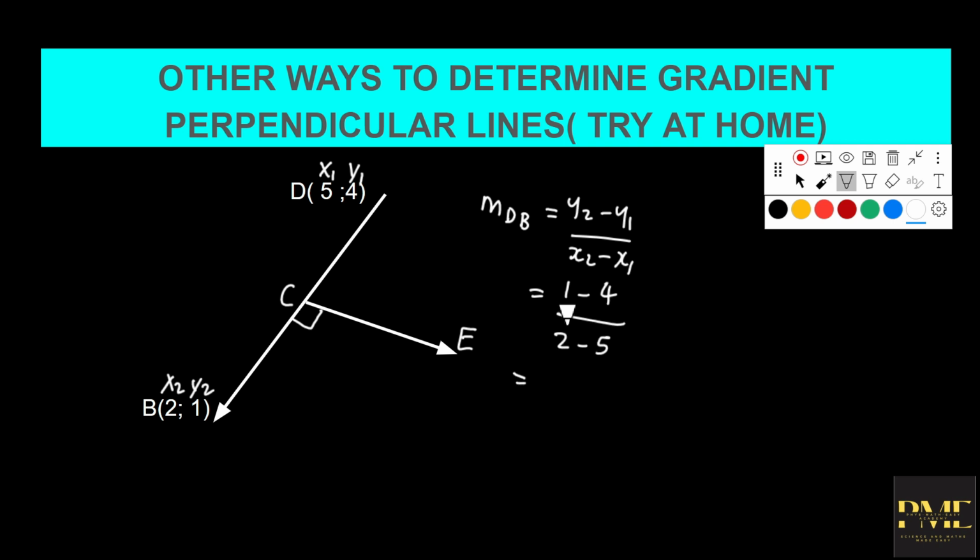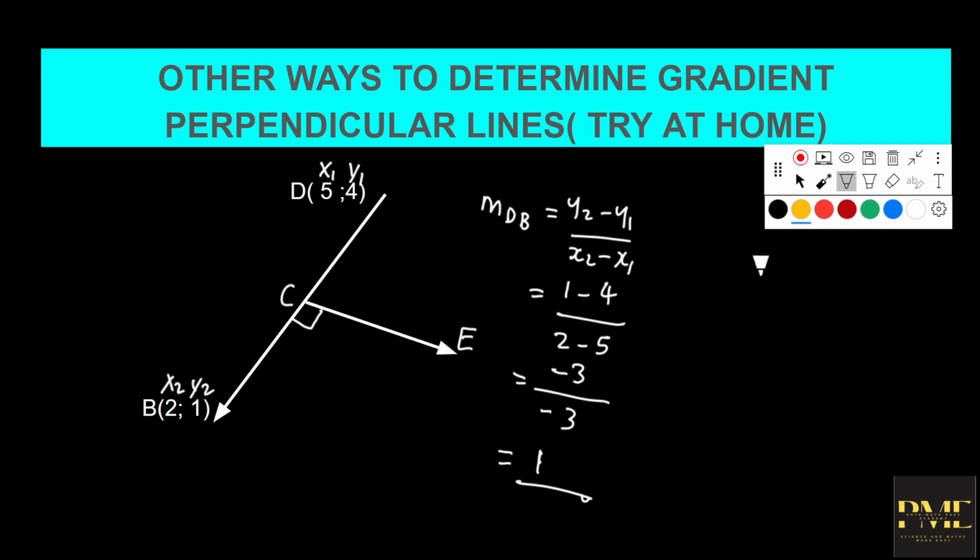So it's 1 minus 4, which is negative 3, all over 2 minus 5, which is negative 3 as well. So negative 3 divided by negative 3 is going to be a positive 1. Okay, positive 1. When I look at the line which slopes upward, it makes sense. Our gradient is positive 1.